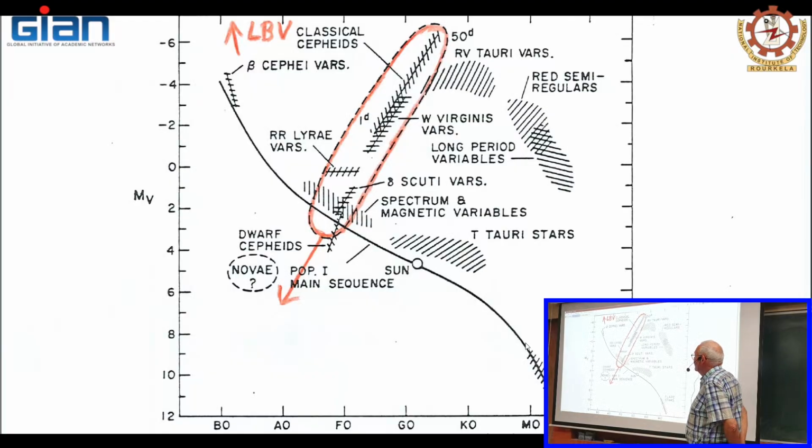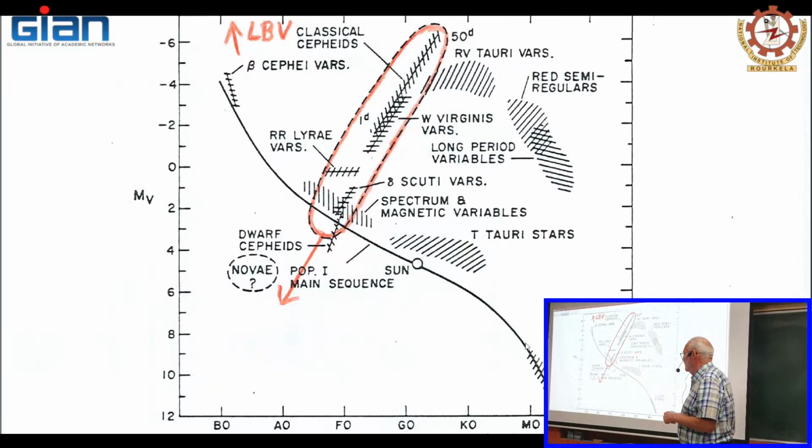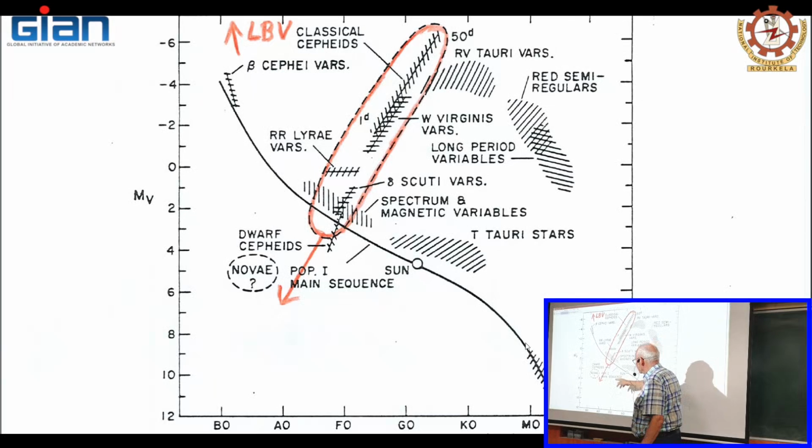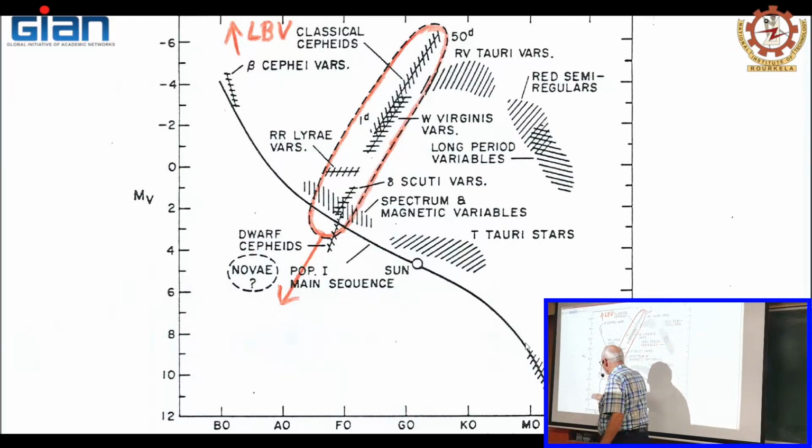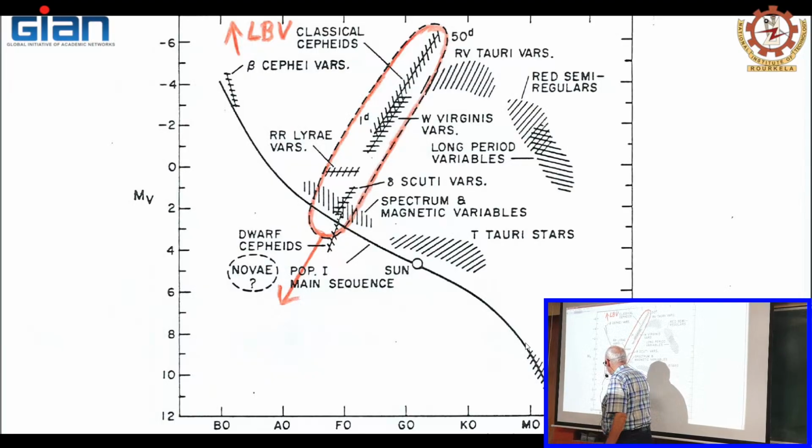There are not only the delta Cepheids in this diagram, there are also other stars like W Virginis stars, RR Lyrae stars, delta Scuti variables, and even if you go to the extension of this instability strip towards the white dwarf regime, you will find variable white dwarfs down here.